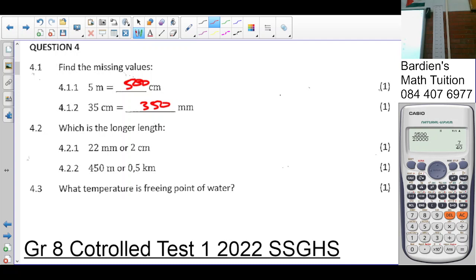So we always convert to the smaller one of the two. So centimeters to millimeters, of course centimeters is larger and millimeters smaller, so that's going to be 20 millimeters, or 22 millimeters, of course 22 is larger, therefore 22 millimeters.